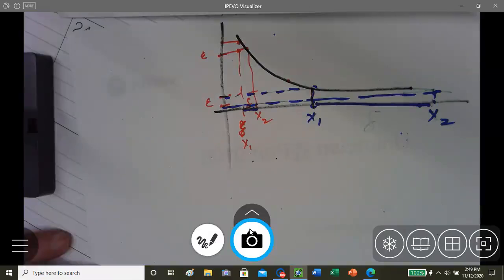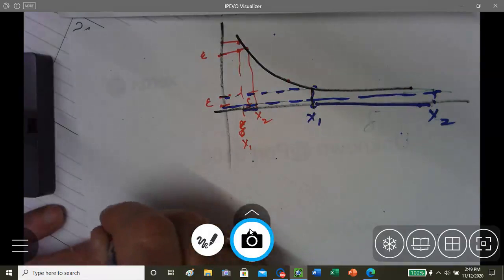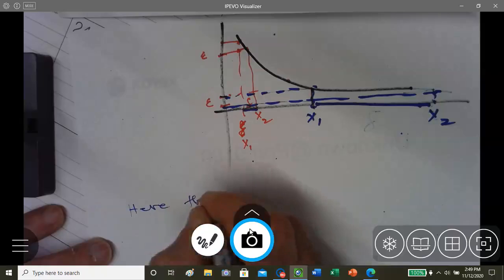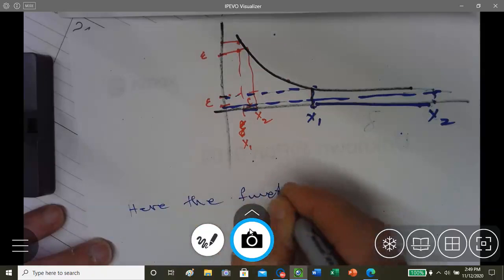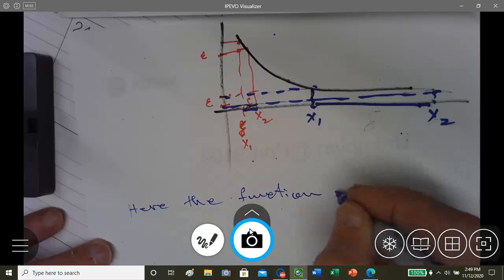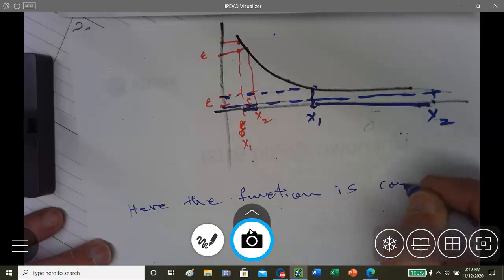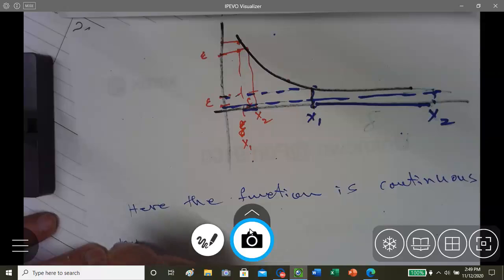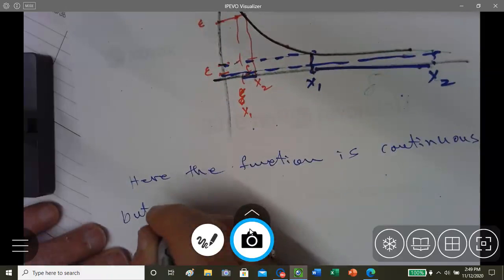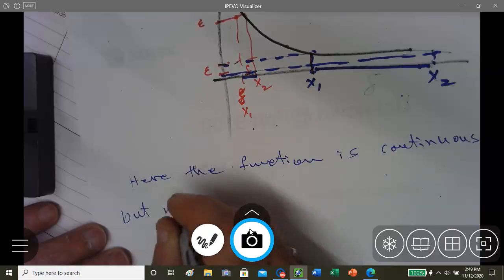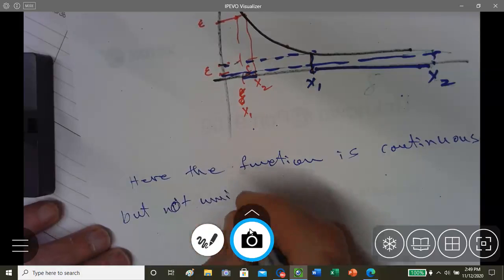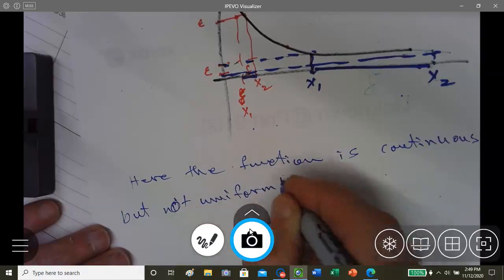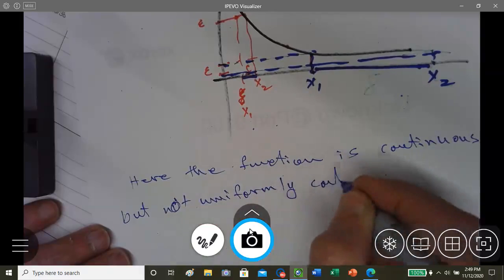So we would say here that the function is continuous, but not uniformly continuous.